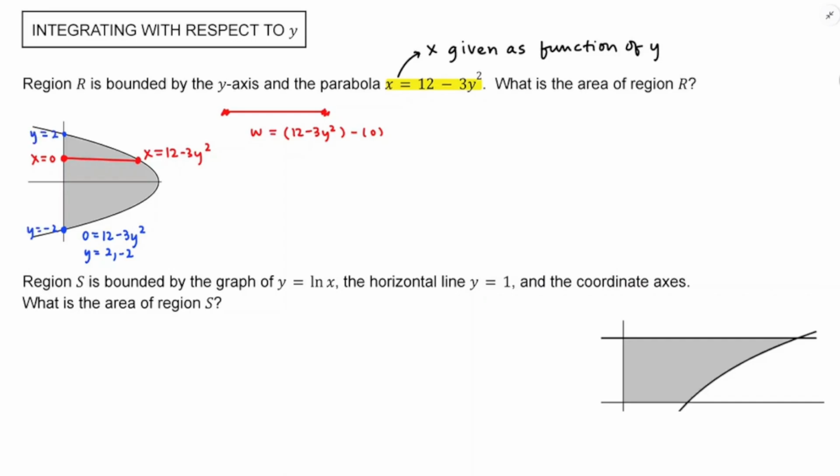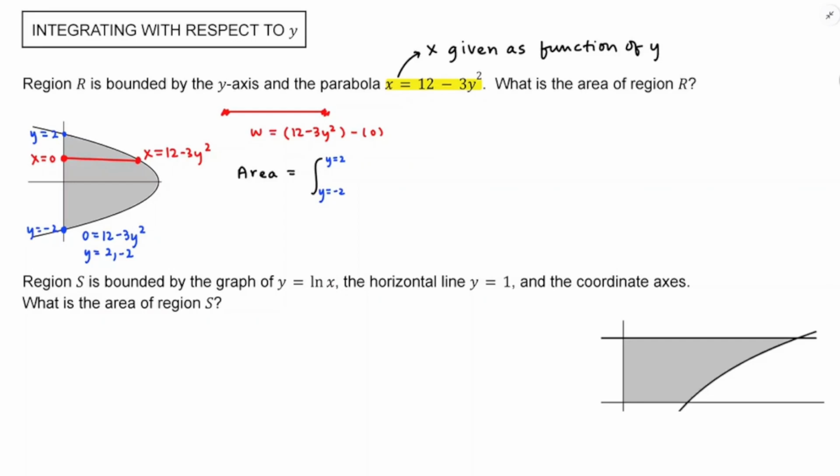Now I'm going to compute an integral to find the area of region R. I'm going to let these horizontally oriented rectangles slide up and down the y-axis as y runs from negative 2 to 2. So these will be my bounds of integration.